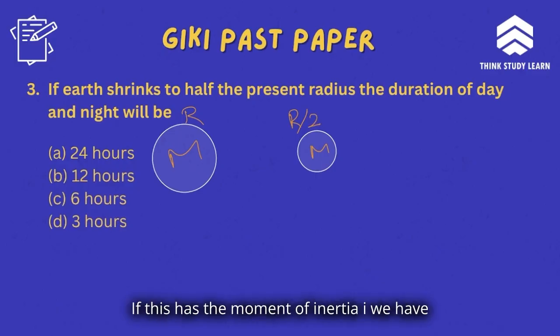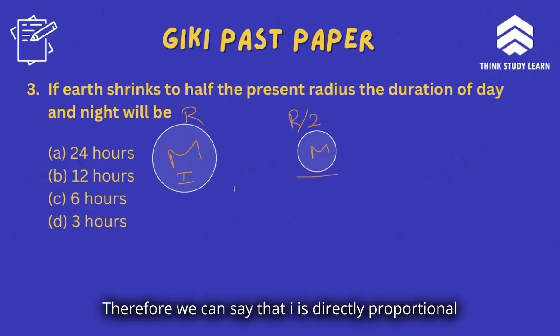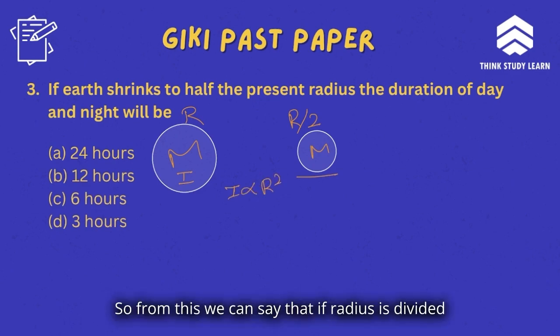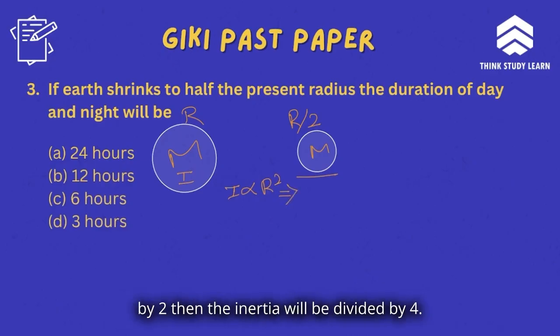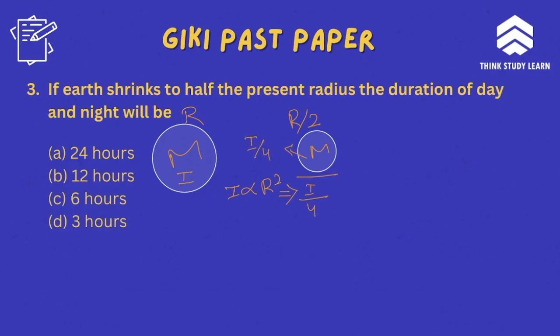If this has the moment of inertia I, we have to calculate the moment of inertia for this Earth. Therefore, we can say that I is directly proportional to r squared. So from this, we can say that if the radius is divided by 2, then the inertia will be divided by 4. Therefore, this Earth has moment of inertia I by 4.